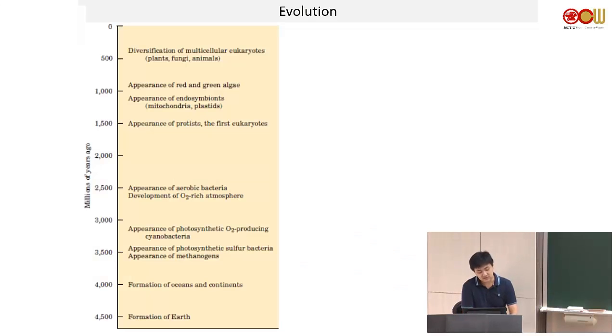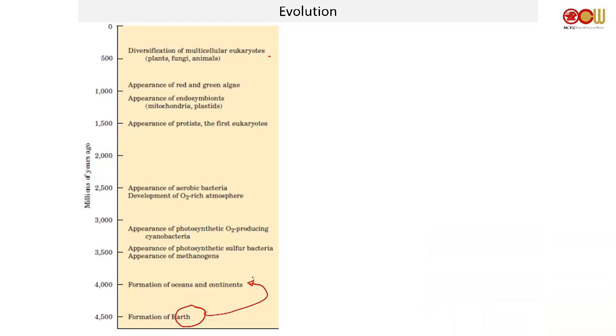All right, so evolution goes back billions of years. This is a rough time scale of when certain things happened. Initially you get the formation of Earth, the formation of oceans and continents, and then you start to generate photosynthetic bacteria, not the oxygen-generating ones yet.